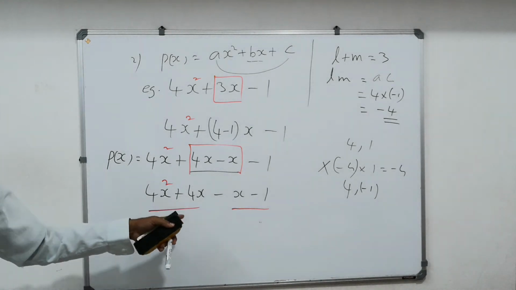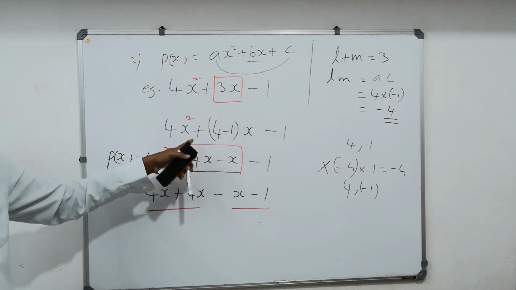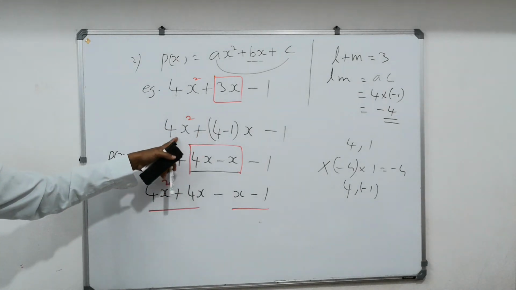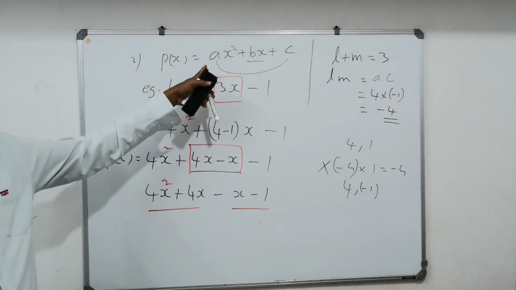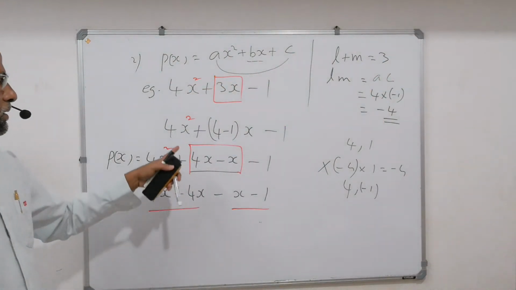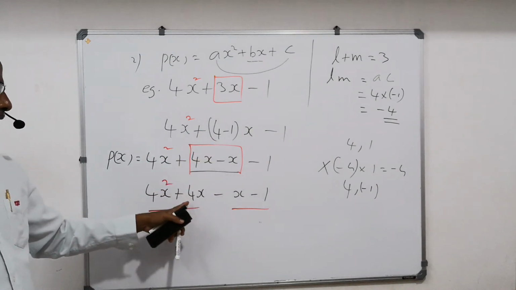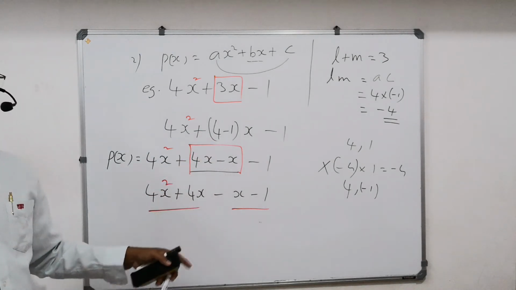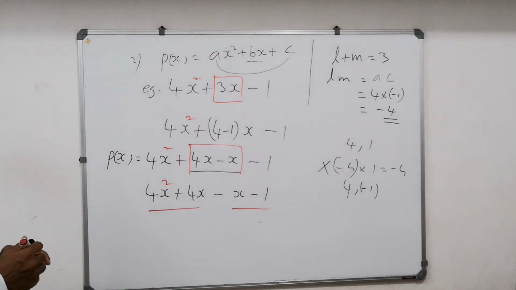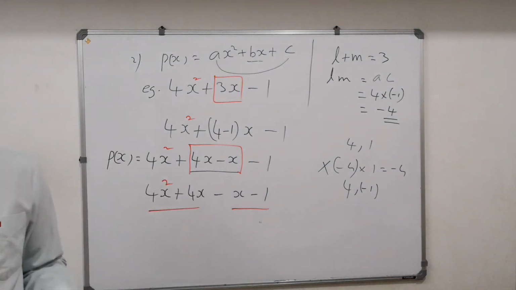Now let me conclude this one. You understood? Because 4x squared plus 3x, you have to tell me, nobody told me. It is 4x squared, because ax squared plus bx plus c. So 4x squared plus 4x minus x minus 1. When you are taking an example, be careful. See, I also made a mistake.